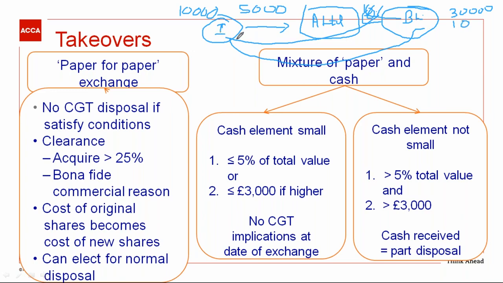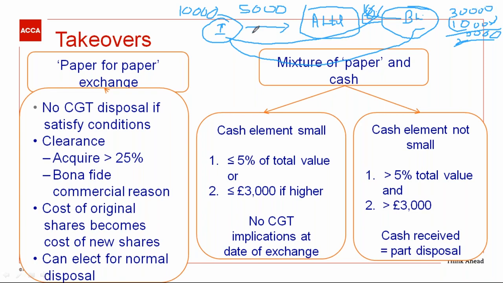So here what has happened, he bought them for 10,000 pounds and now these 5,000 shares he has sold to B Limited for 30,000 pounds and there you get a chargeable gain of 20,000 pounds. So there we have no problem. As a result of the takeover, if the shareholder has received money, then you calculate the normal chargeable gain or the allowable loss. However, the situation will be different if the individual has not received cash.